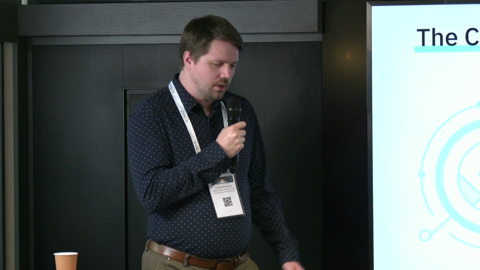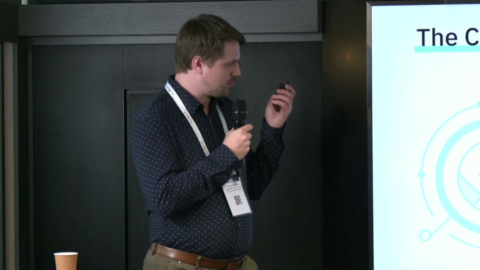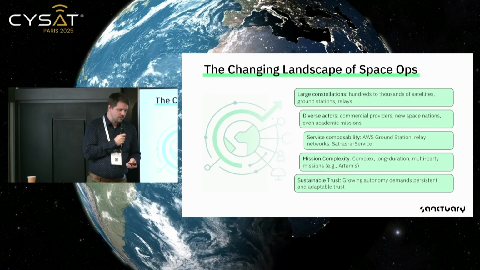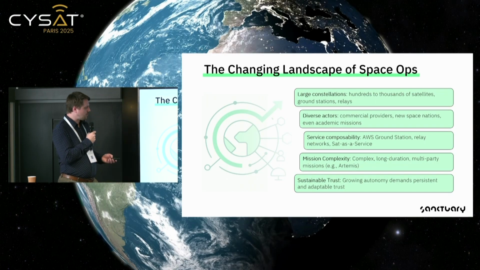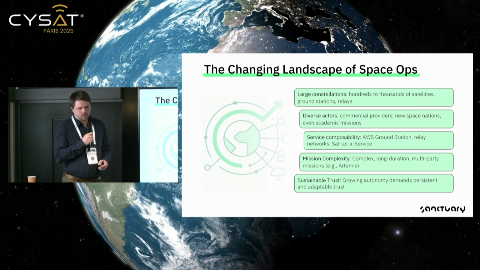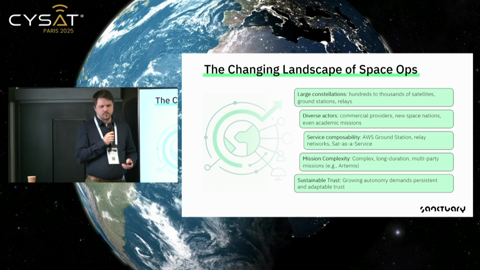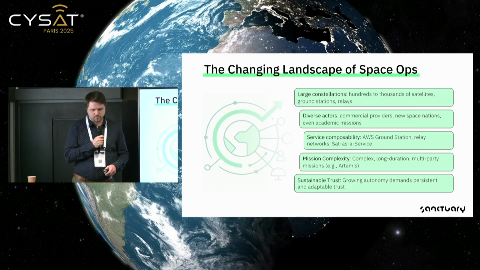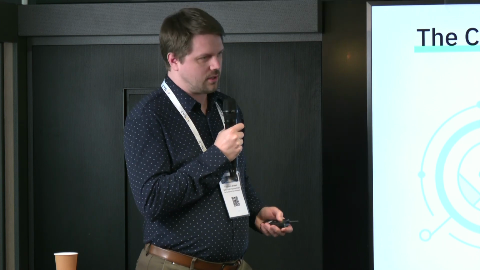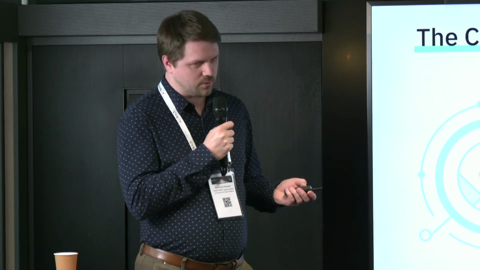Also, we want to integrate more with other services, ground services, cloud computing, and so on. The missions in general get more complex. And what we also see is more autonomy, which means we need a way to have sustainable trust relations between entities, which of course is also the basis for secure communication, that you trust your communication partner.